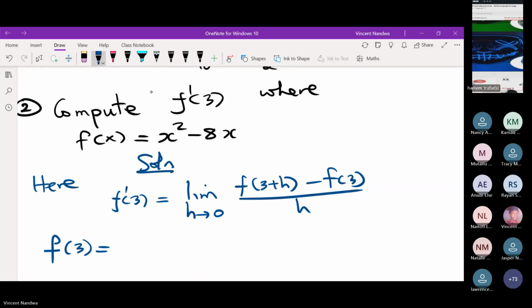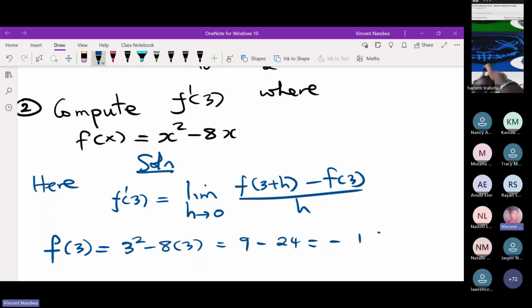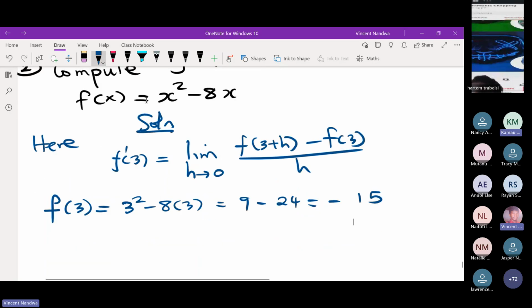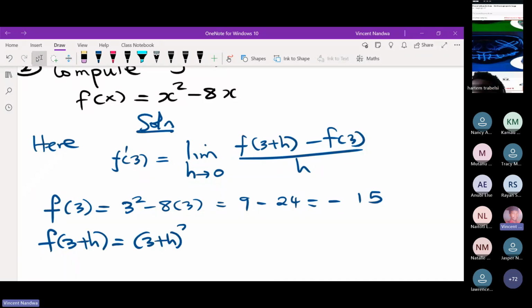Before simplification, f of 3 will be negative 15. Okay, how do I get negative 15? 3 squared minus 8 times 3. So it will be 9 minus 24, so you say minus 15. Yes. Okay. Then f of 3 plus h will have 3 plus h squared minus 8 into 3 plus h.